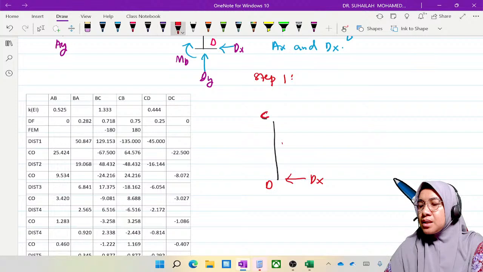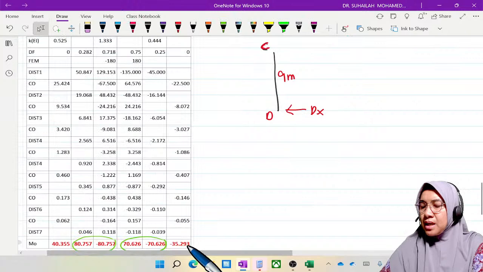The moment is negative and negative, for CD. The moment is negative 70.6 and 35.3. This is 70.6, and this is 35.3.